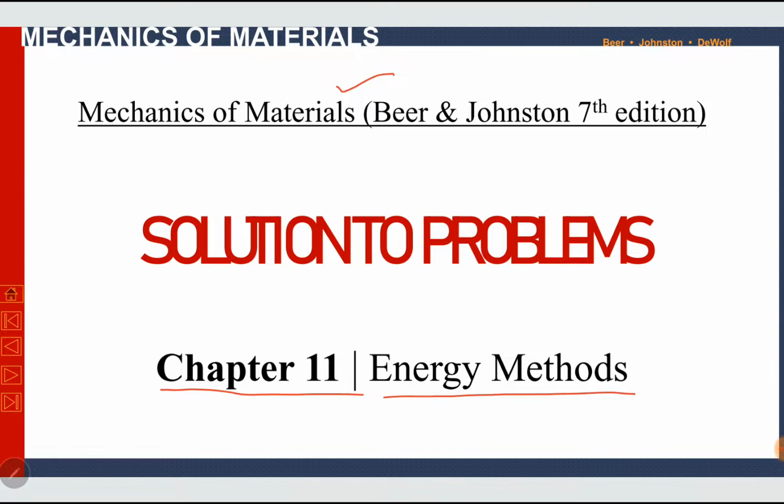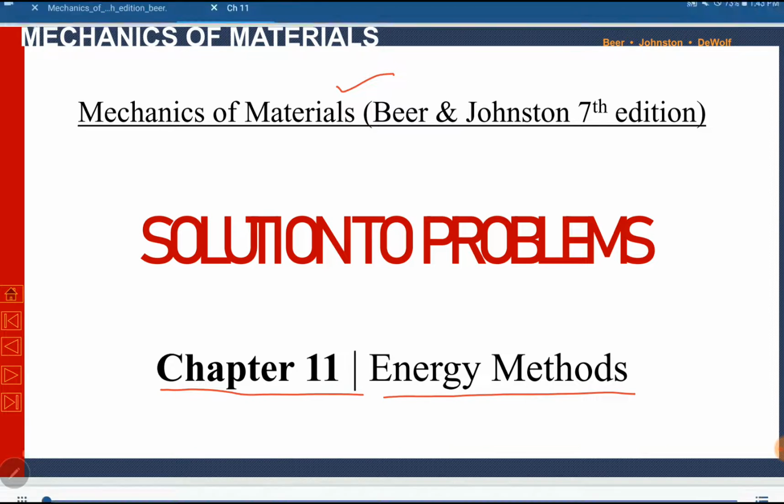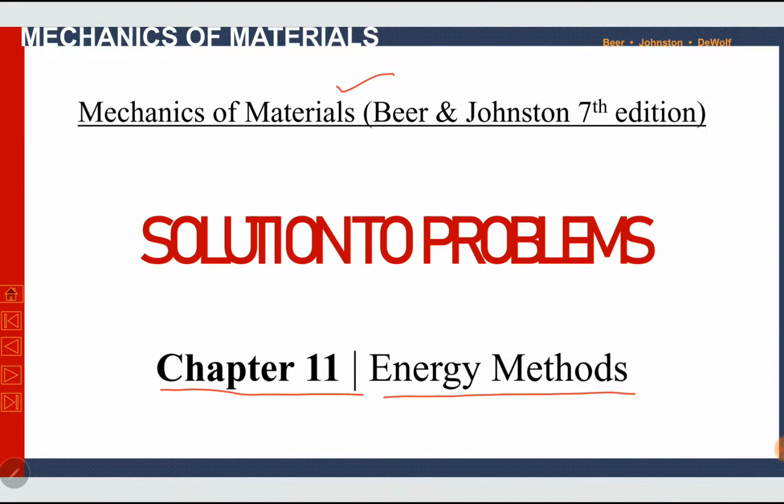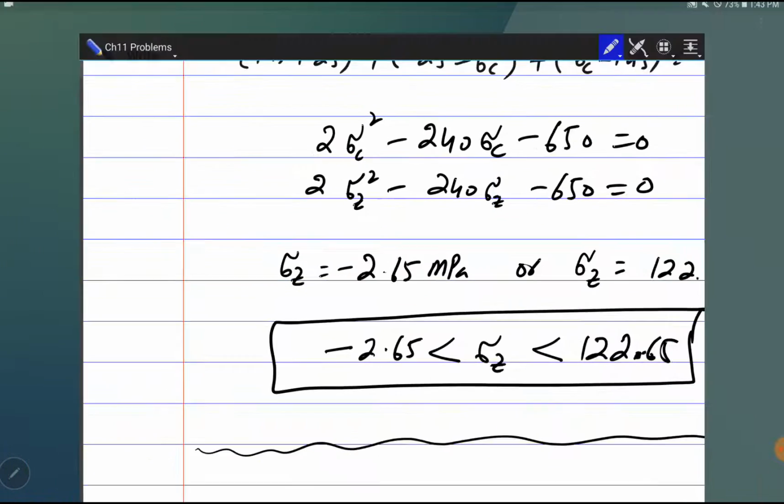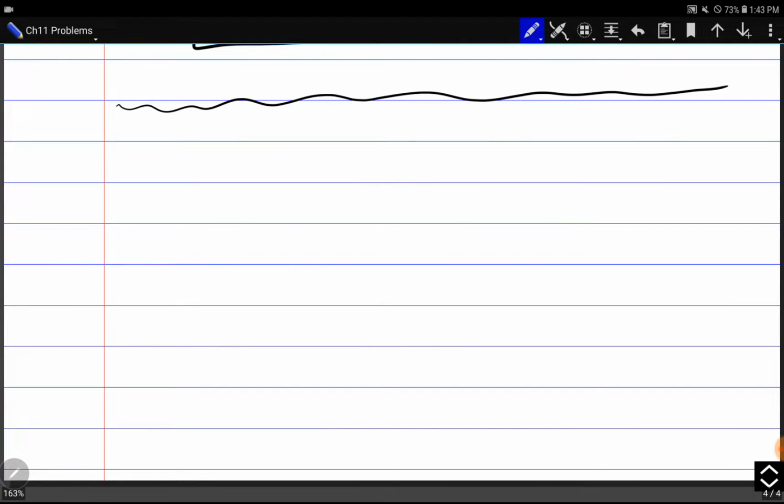You just need to learn to use the expressions for strain energy under axial loading, under shear loading and under normal loading. Once again, I will write it here. These 3 or 4 expressions are very simple to use. I will write it at the end here. For axial loading, capital U is P squared L divided by 2AE.